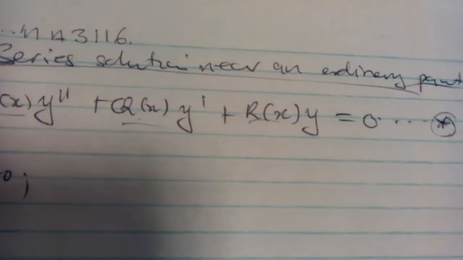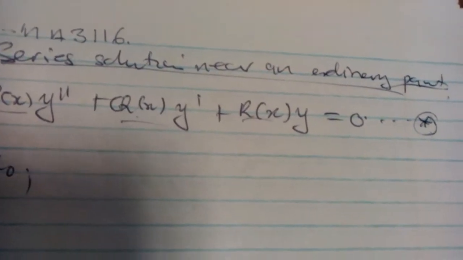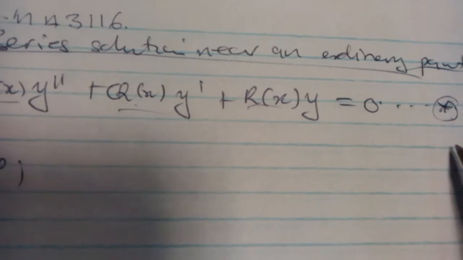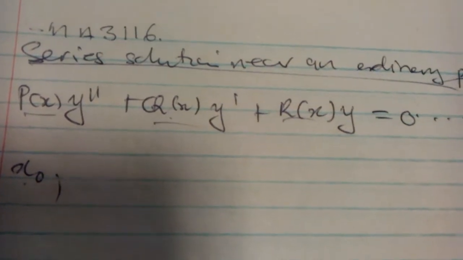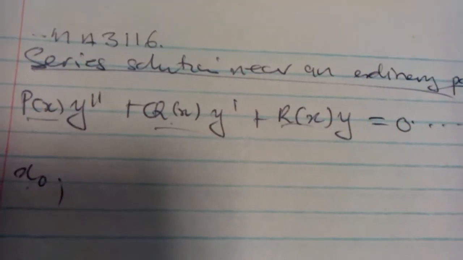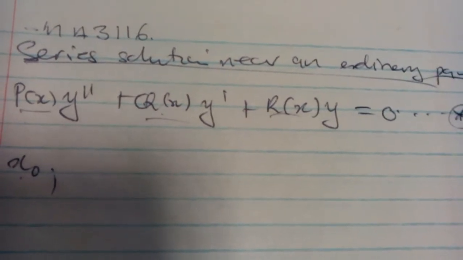So if we wish to solve our equation star here in the neighborhood of some point, say x naught, then the solution of star in the interval that contains x naught is closely associated to the behavior of P in that interval.